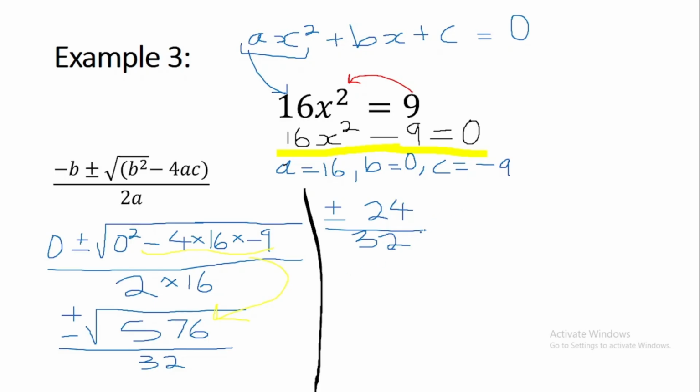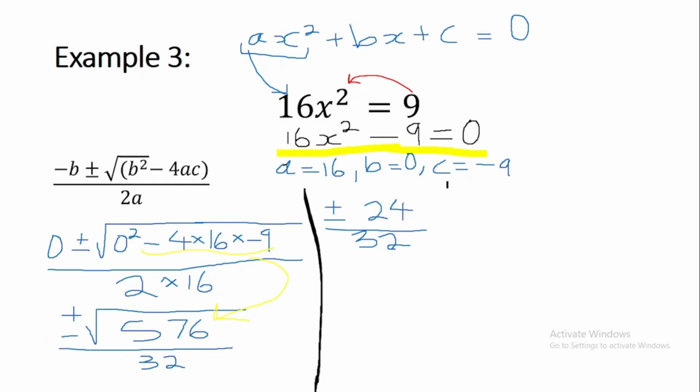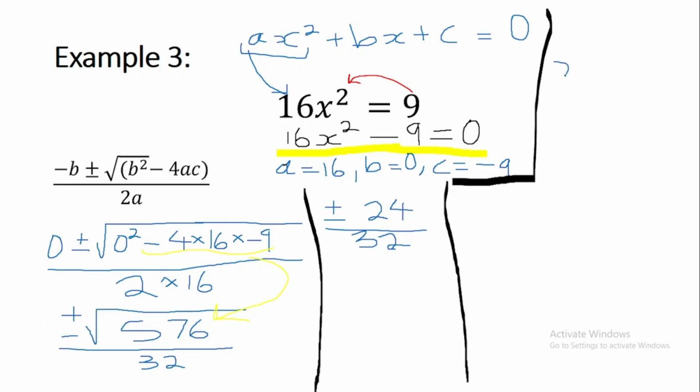So we're going to have two outcomes. The two outcomes are going to be this, where x is going to be equal to plus or minus 24. I'm going to start with the positive.